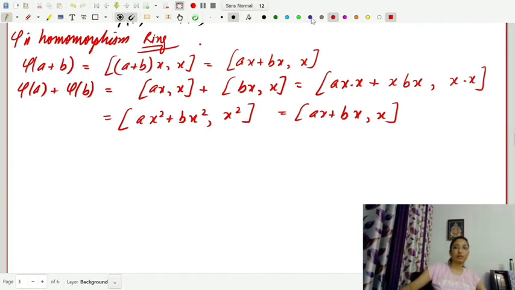Hence we have that phi(a + b) is equal to phi(a) + phi(b).